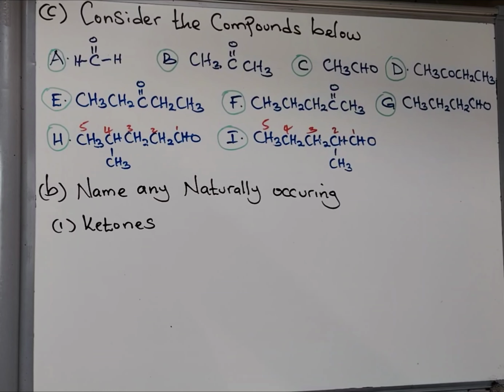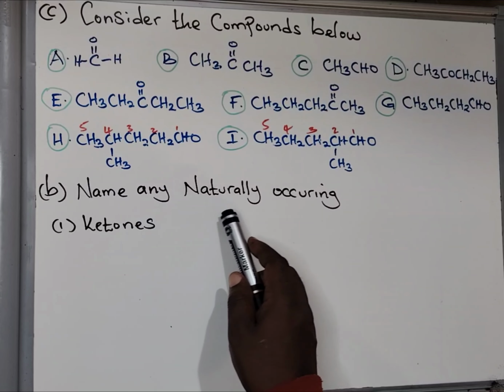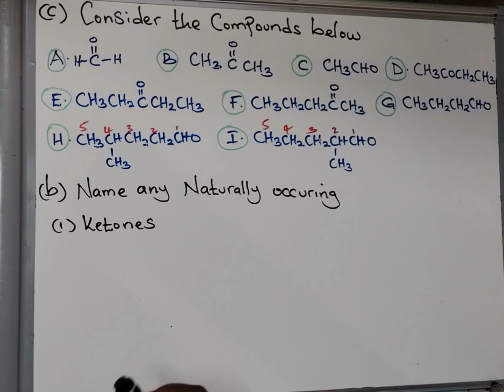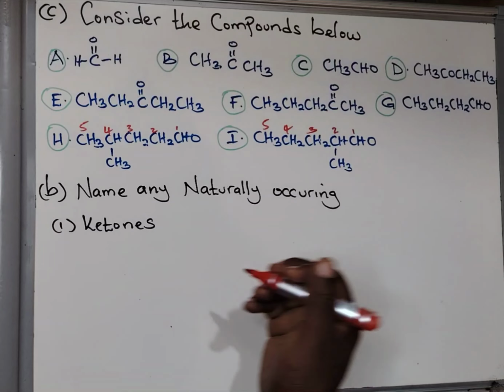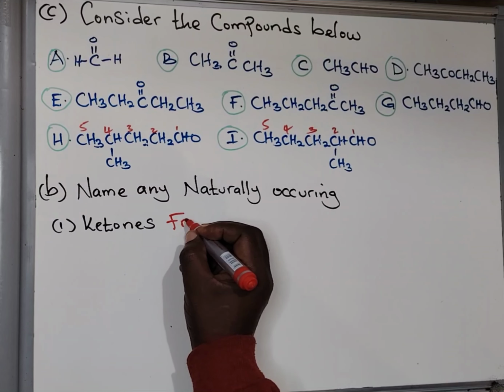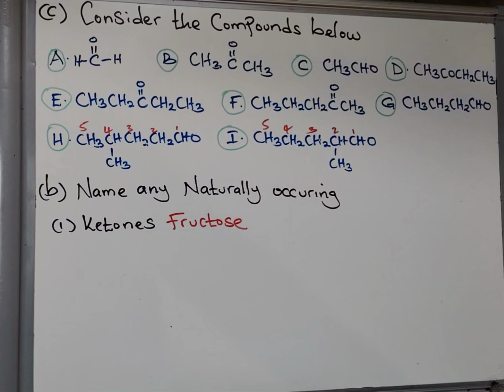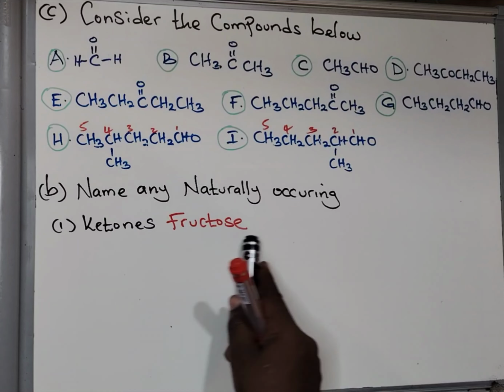So comes this question. It says, name any naturally occurring ketones. Any ketones which occur naturally. The answer here is fructose. It's a monosaccharide. It's one of the sugars which is naturally occurring, which is substitutable for natural sugar, which is sucrose. So instead of using sucrose, you can use fructose.